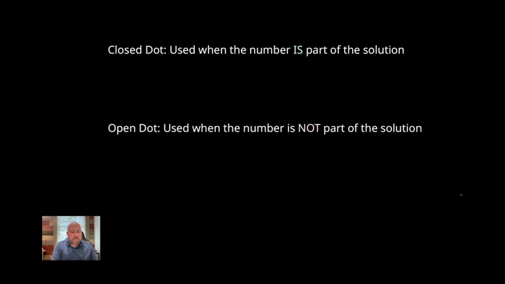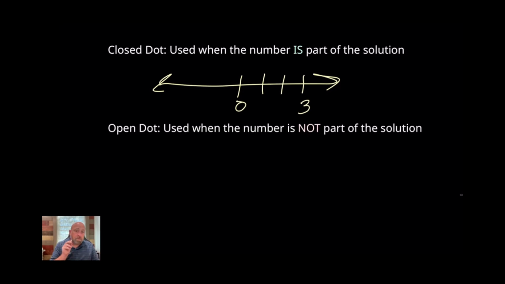For example, if the number 3 is part of the solution, and I draw a little number line with 0 here, 1, 2, 3, I am going to use a closed dot. I'll change the color so you can see this closed dot a little better. I'm going to put a circle here, and then I'm going to color in the circle. It's a closed dot, a colored-in circle.